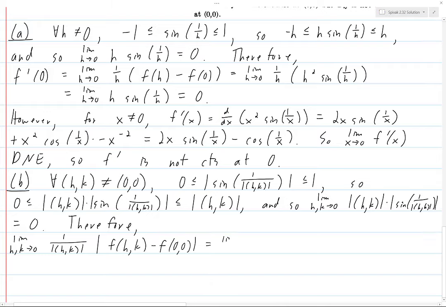This is going to be the limit as h and k approach 0. We still have 1 over the norm of (h,k), multiplying by f of (0,0), which is 0 by definition, and f of (h,k) is h squared plus k squared times sine of 1 over the square root of h squared plus k squared.